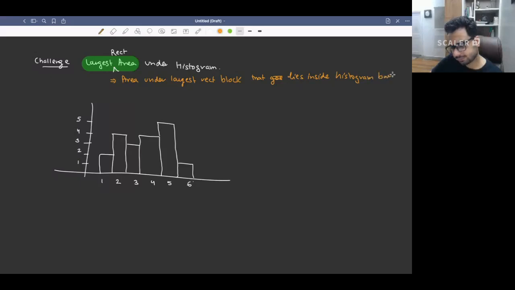Now, suppose I start from this first bar and say I will make this a part of the rectangular block. Can I have this rectangle? Tell me, can I have this rectangle?